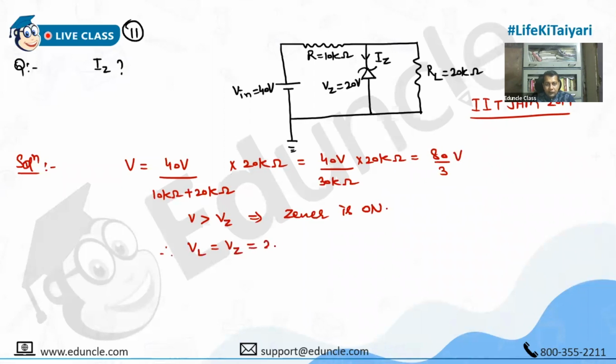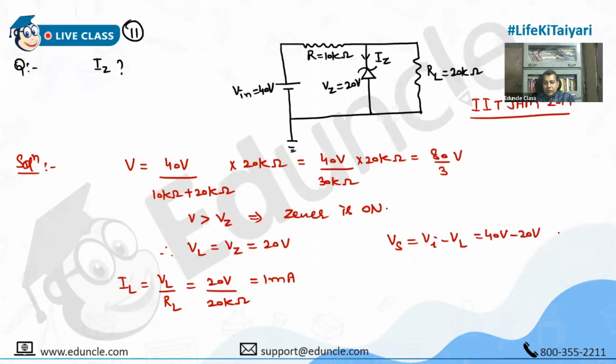So VL is VZ equal to 20 volt. So IL is VL by RL, 1 milliampere. So VS is V input minus VL, 40 minus 20, that is 20 volt. So IS is VS by RS, 2 milliampere.